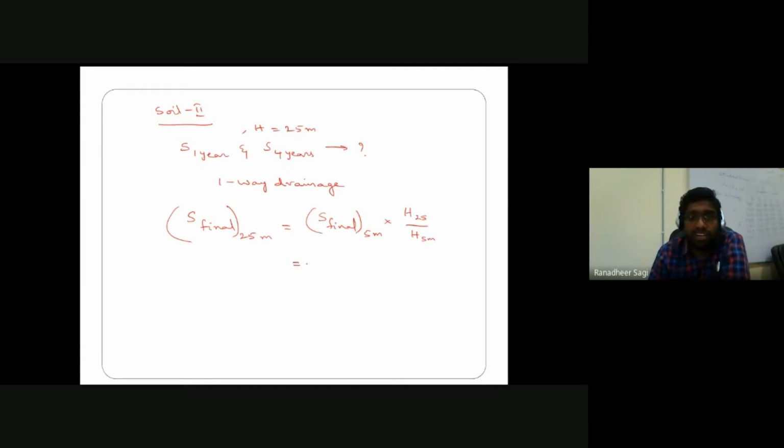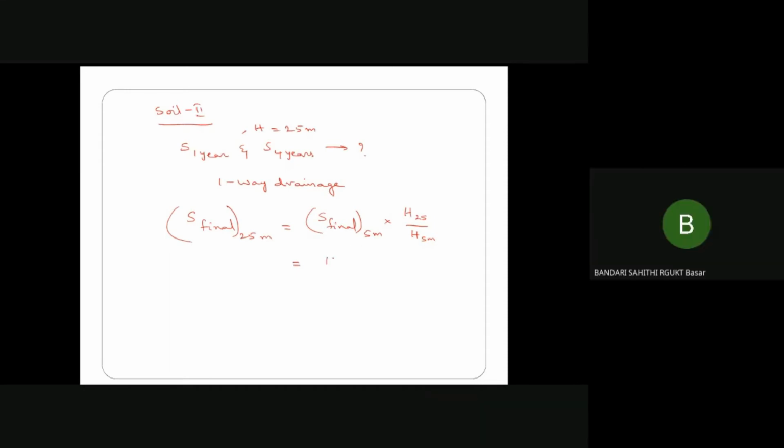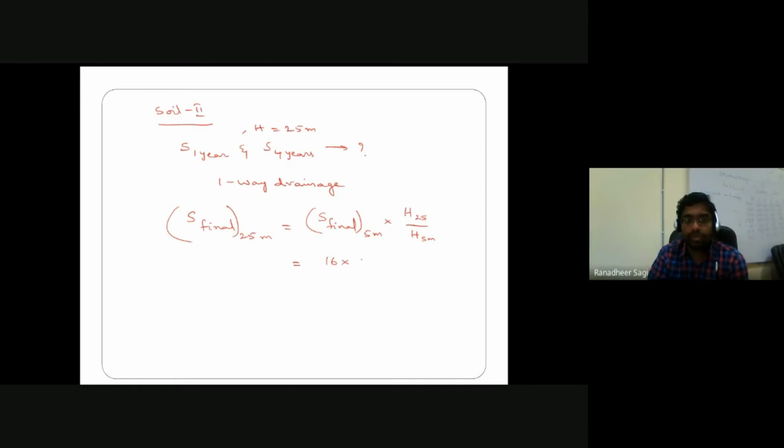So what was our final settlement in the 5 meter thickness soil layer? 16 into 25 by 5. So 80 centimeters is going to be my final settlement in the 25 meter thick soil strata. So how do we solve it?